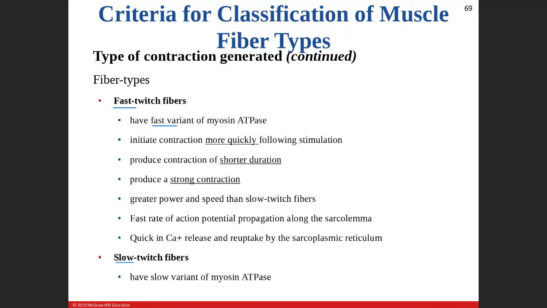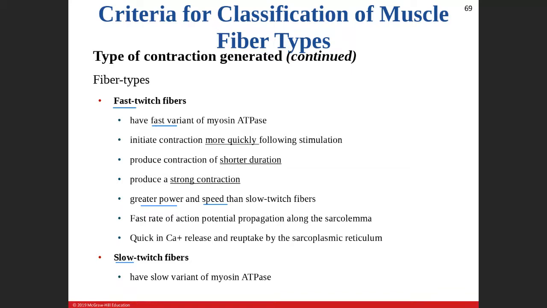So for the most part, here's what you want to think about for fast twitch muscle fibers. More power, quicker contraction. And that's self-explanatory, and fast is in the title. It's going to be a much quicker contraction. But you want to know why, right?